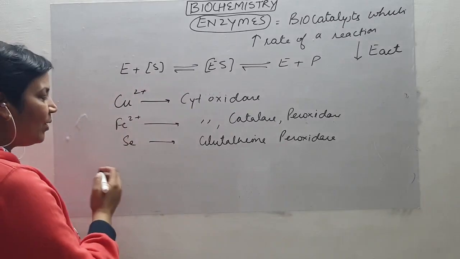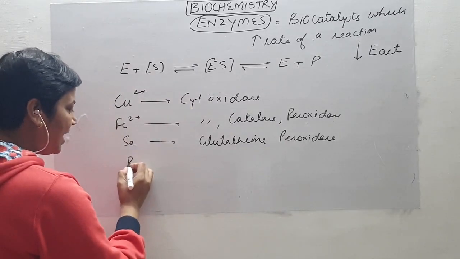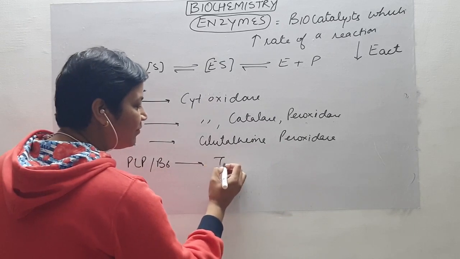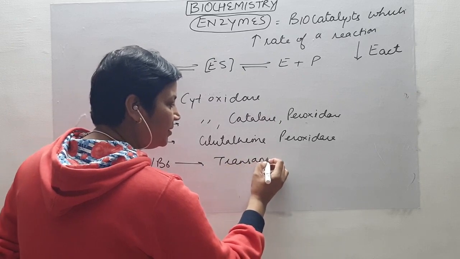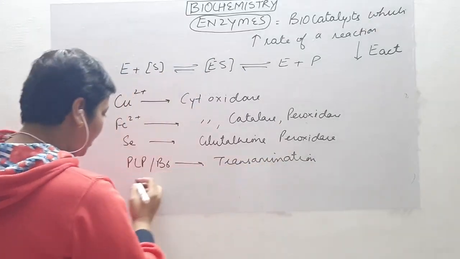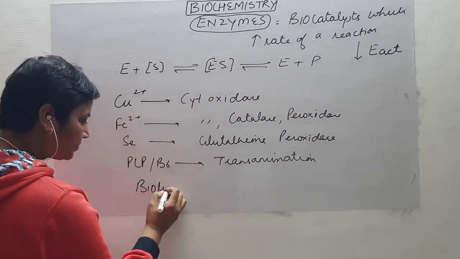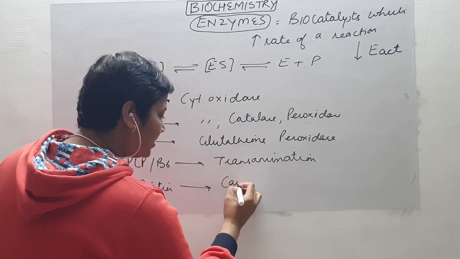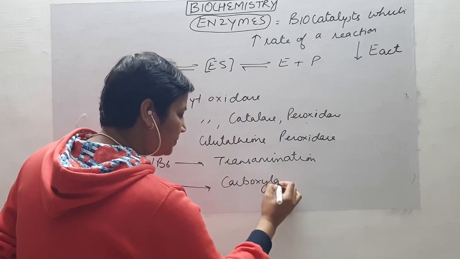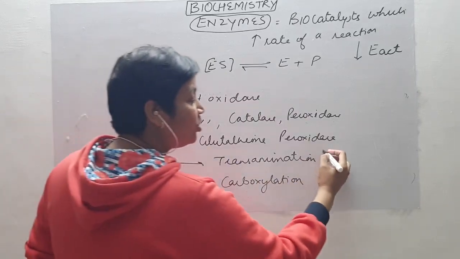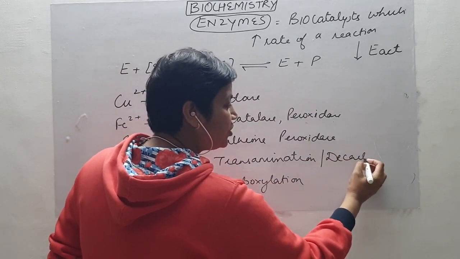Similarly, if we see the coenzymes, PLP or B6 is a coenzyme for transamination. Biotin or B7 is a coenzyme for carboxylation. Similarly, PLP is also used for decarboxylation.